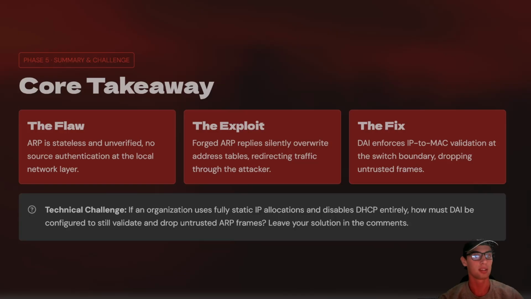So, a question to test your mastery, or even a challenge to go look at and learn about yourself, because I think you can get a lot out of looking things up and discovering things yourself. And that is, if an organization utilizes fully static IP allocations across their architecture and completely disables DHCP, how must dynamic ARP inspection be configured to ensure that untrusted frames are still accurately validated and dropped?